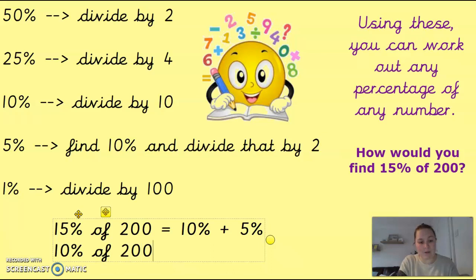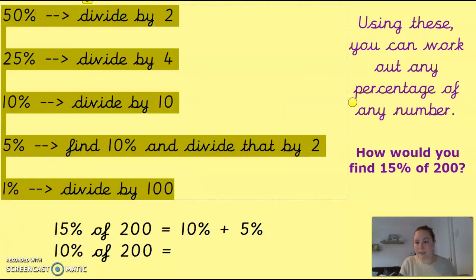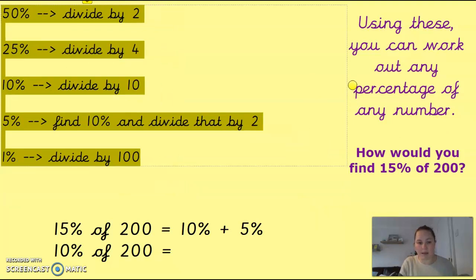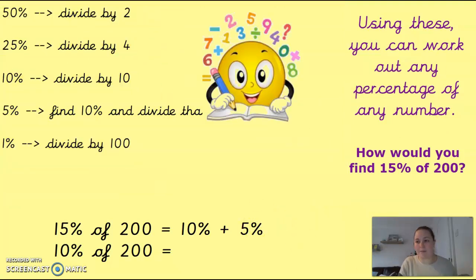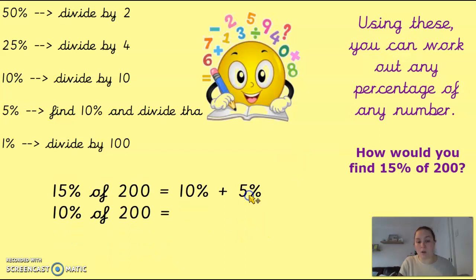So 10% of 200 equals, make this a bit smaller so that I can do my working out with you. So I'll do 10% first. 10% of 200, divide that by 10. 200 divided by 10 is 20.